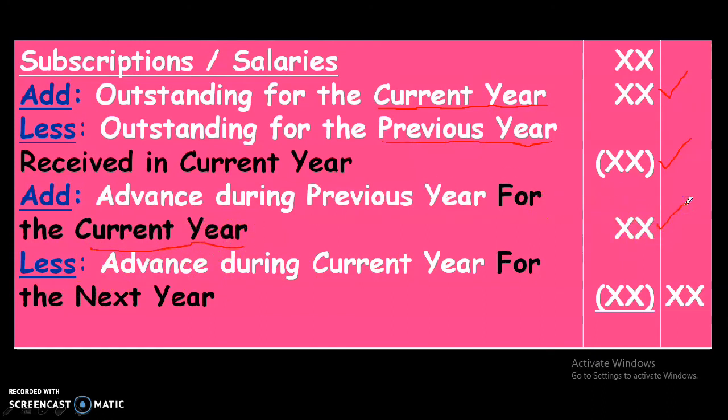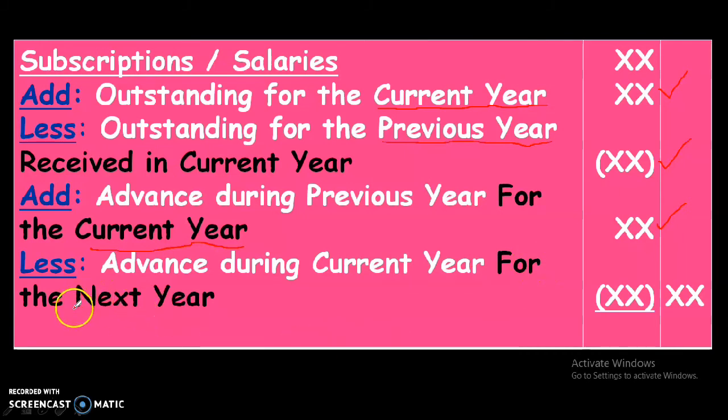There is something else that is deducted again. What is it that is deducted? That we have less advance during the current year. So this is the advance which was received during the current year. Now in the current year, if I am receiving in advance, for which year?